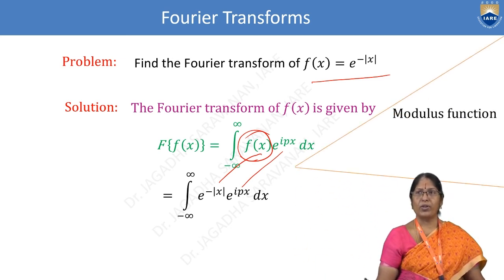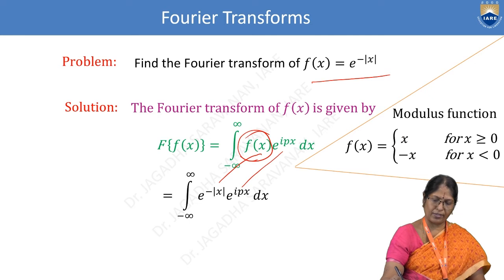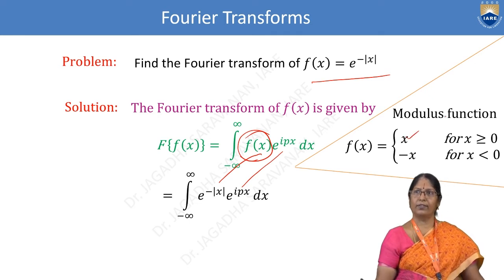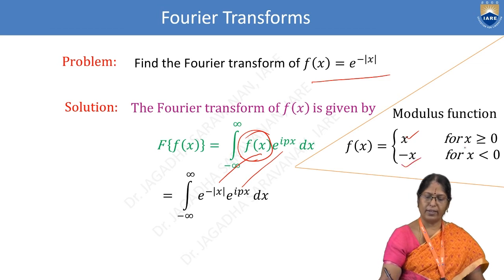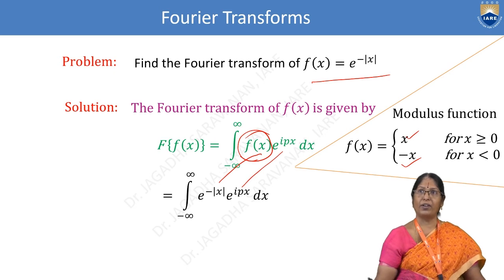So this is the modulus function which is given. The definition of the modulus function: it is plus x if x is greater than or equal to 0, and minus x if x is less than 0. So that we are going to apply. In this particular problem, it is not given in the question, but the function is given only as mod x.